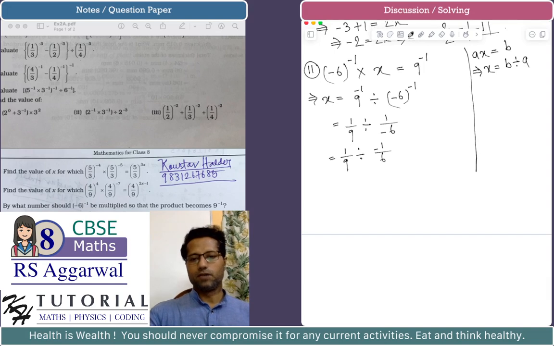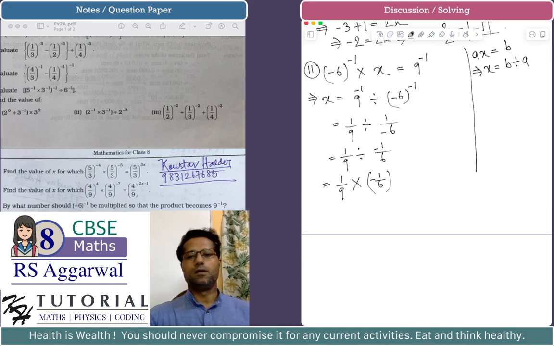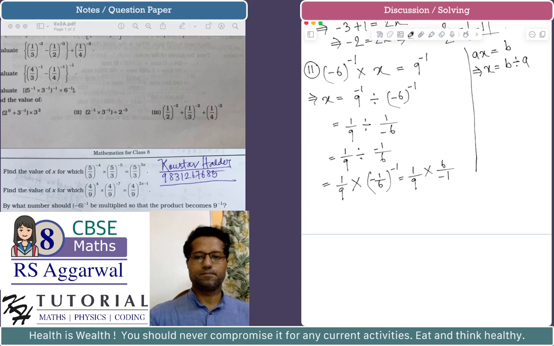So we have division of two rational numbers, and we know that this is equal to 1/9 multiplied by the reciprocal of -1/6. This is equal to 1/9 multiplied by 6/(-1), which is 1/9 multiplied by -6/1.